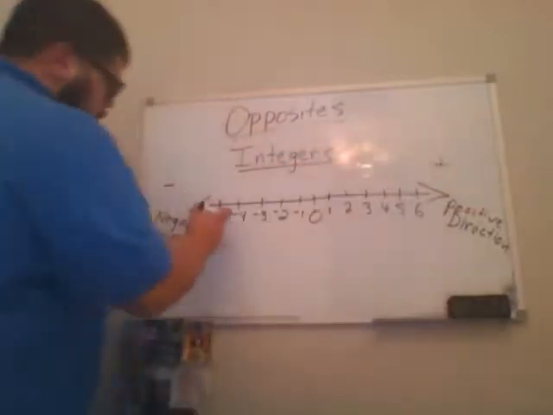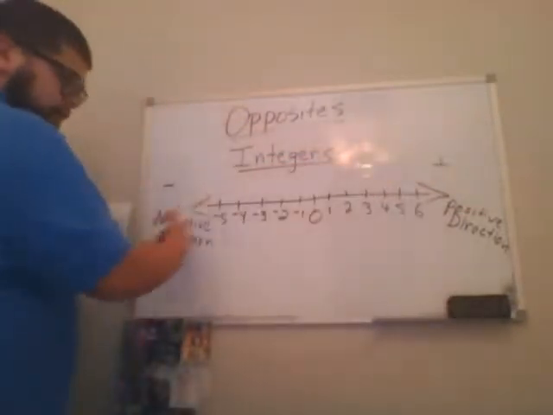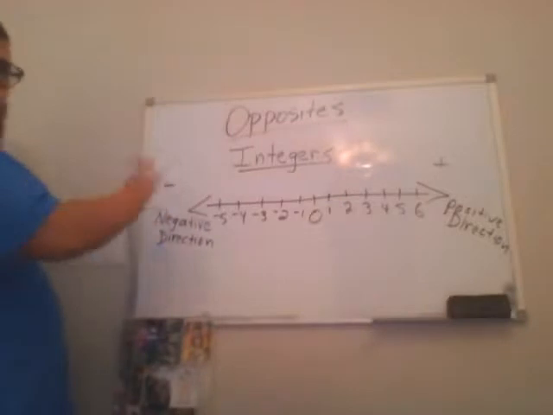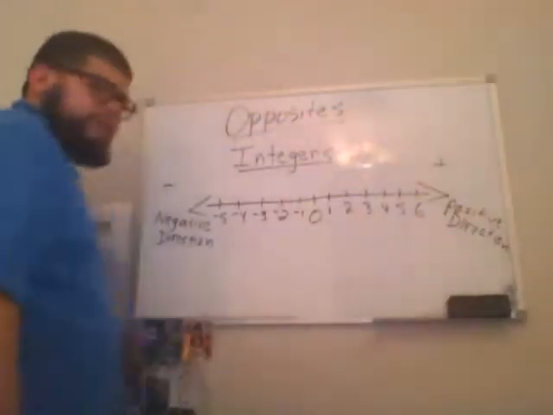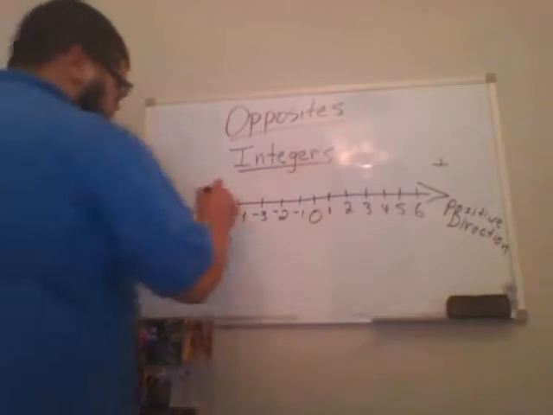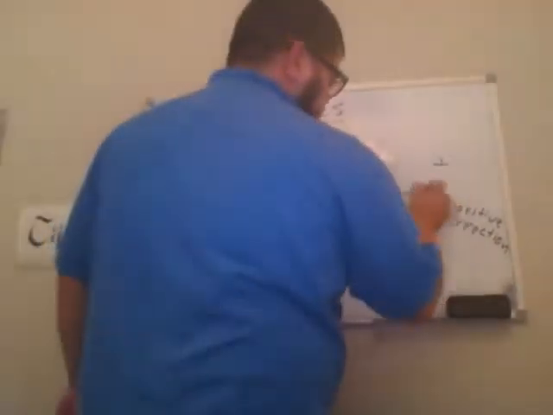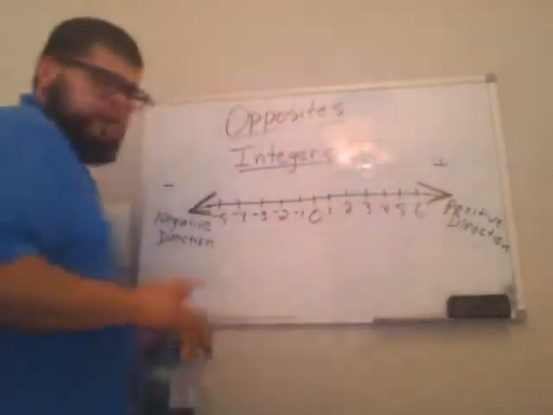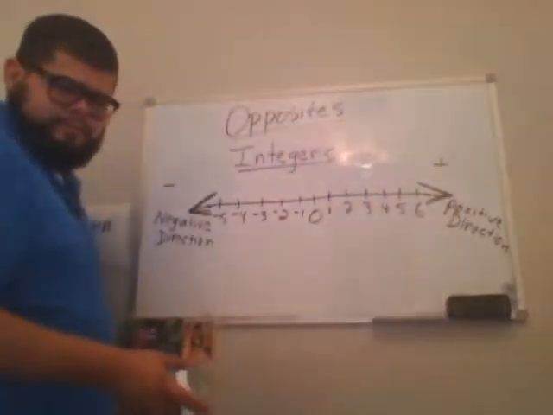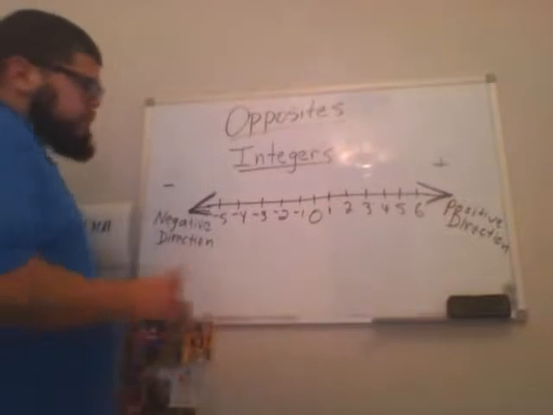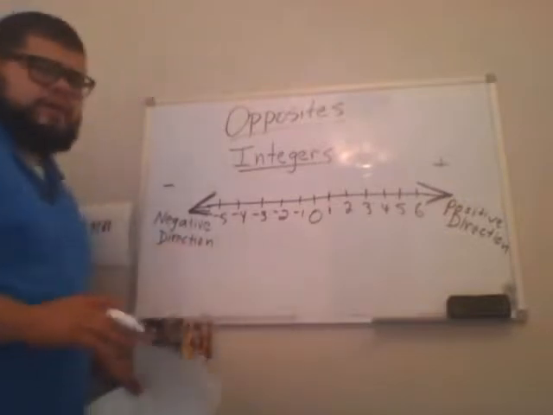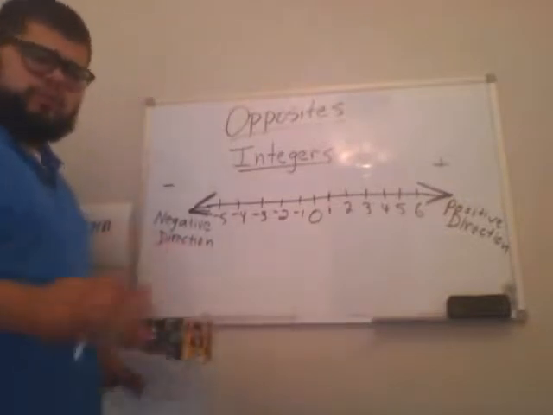This arrow also includes negative 6, negative 7, negative 8, all the way to negative infinity, and positive 10 and on, all the way to positive infinity, forever. That's what these arrows mean: continue on forever. So we've just described the natural numbers, the whole numbers, and the integers.